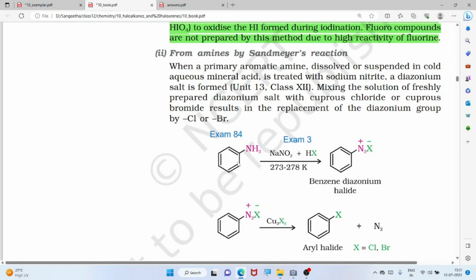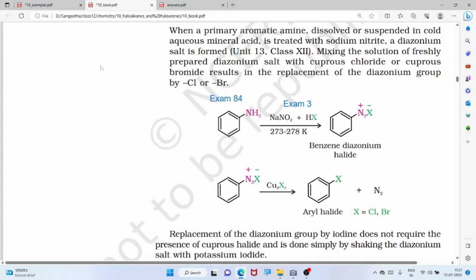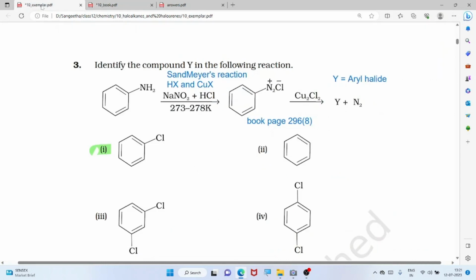These are primary amines. This is the product formed in that reaction. So from this itself we can make out that this is Sandmeyer's reaction, and this is the aryl halide.